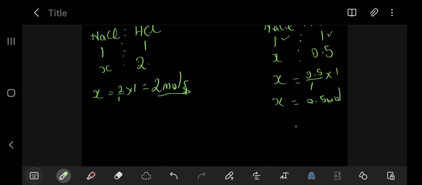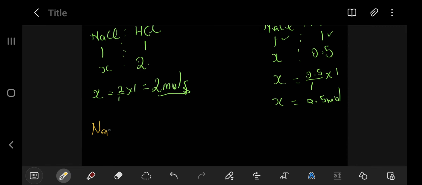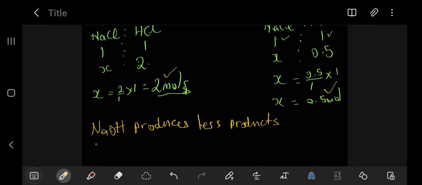So it means sodium hydroxide produces less, because it only produces 0.5, but hydrochloric acid produces 2 moles. Therefore, sodium hydroxide is the limiting reagent.